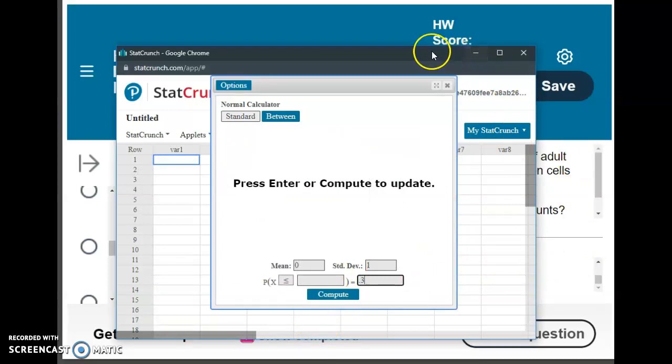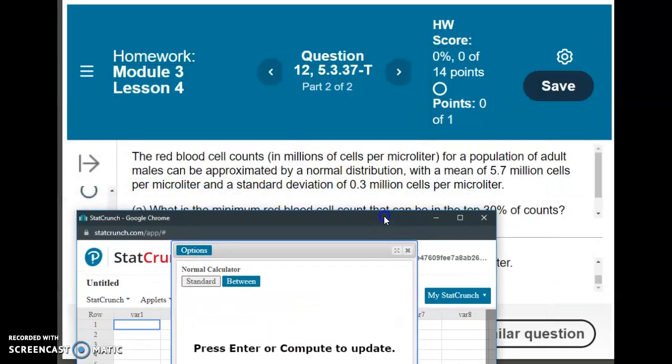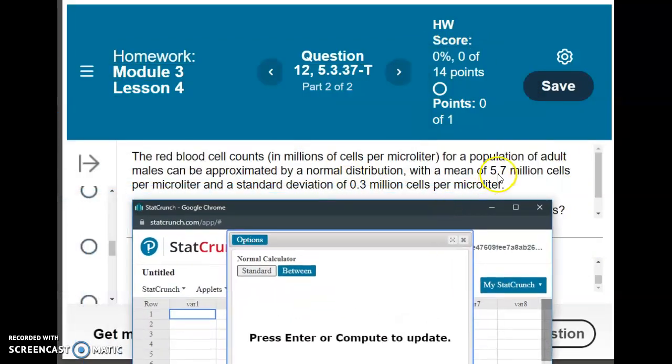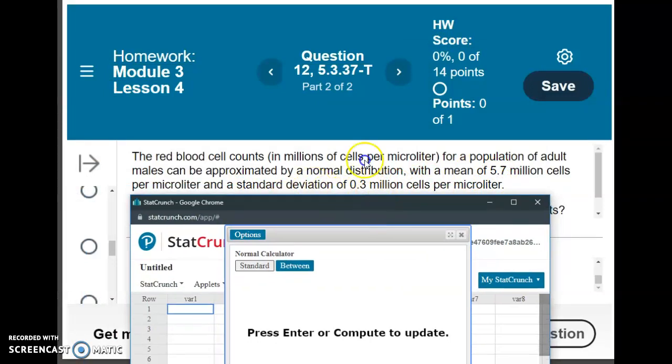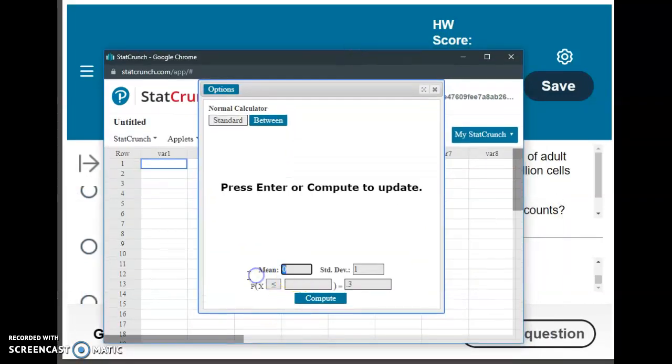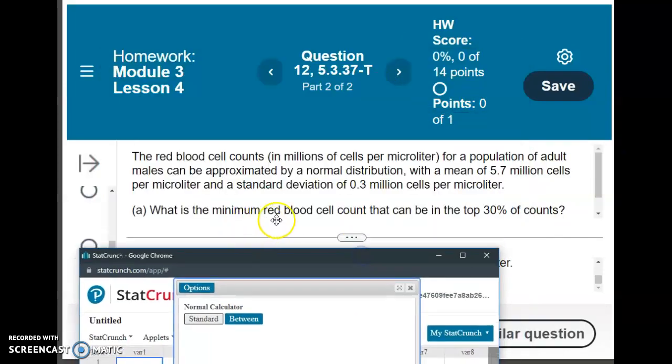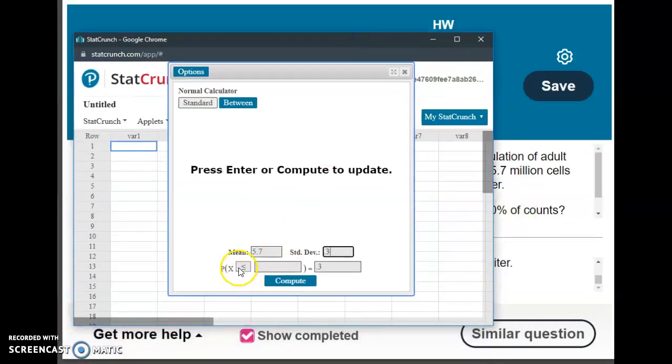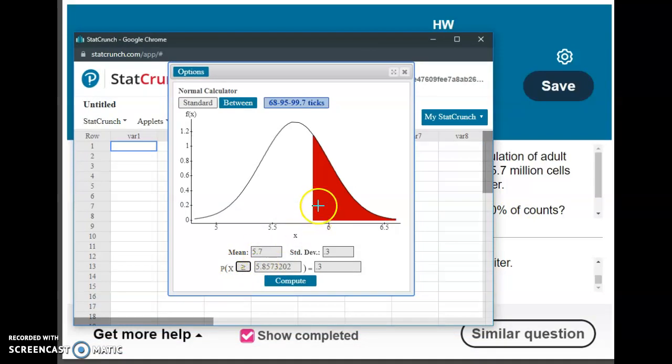Then the mean is 5.7 and the standard deviation is 0.3. And then the last thing it says, the minimum that can be in the top 30%. That means the red region is going to be on the right side. So I pick greater than or equal to, all right?